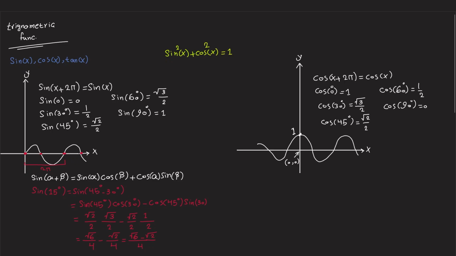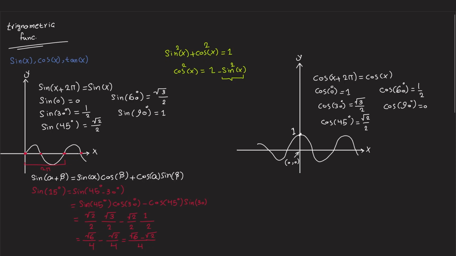What this basically enables us to do is, if we had the value of sine at a particular degree, we can find the value of cosine at that degree, because cosine squared of x is equal to 1 minus the sine squared of x. If I had the sine of x, then I would square it, take it away from 1, and that will equal cosine squared of x.